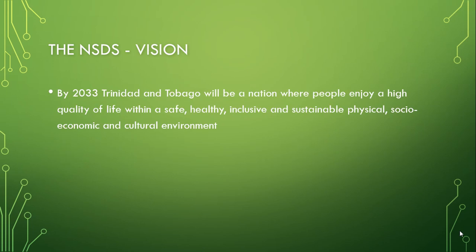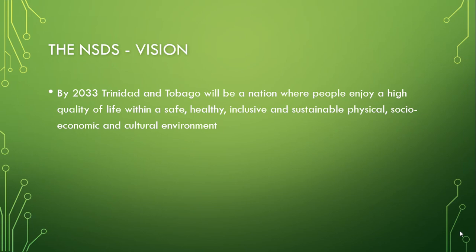So let's look briefly at the vision of the NSDS. This vision is taken exactly out of the document for you. Alright, so it says by 2033, Trinidad and Tobago will be a nation where people enjoy a high quality of life within a safe, healthy, inclusive, and sustainable physical, socio-economic, and cultural environment.